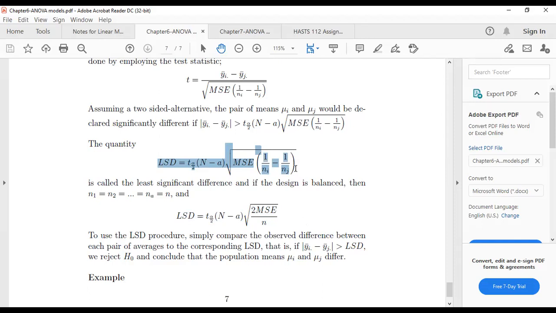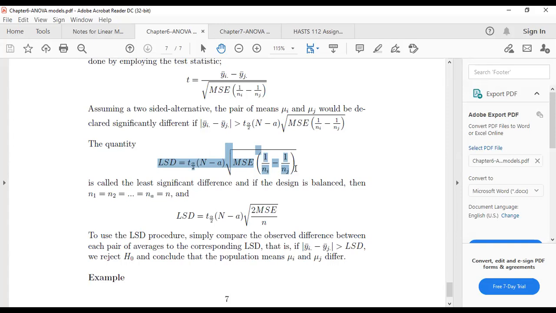Then for unbalanced design, you have to calculate for each and every pair that you're doing, because your n and your j may be different, right? Suppose you've got 3 treatments.